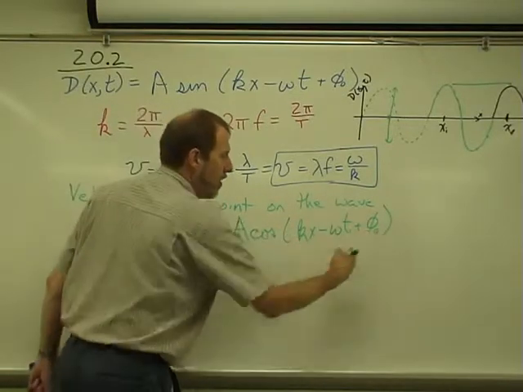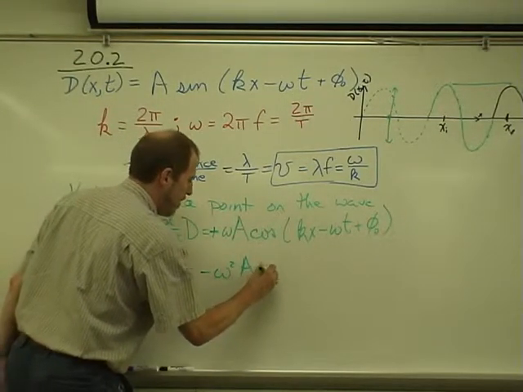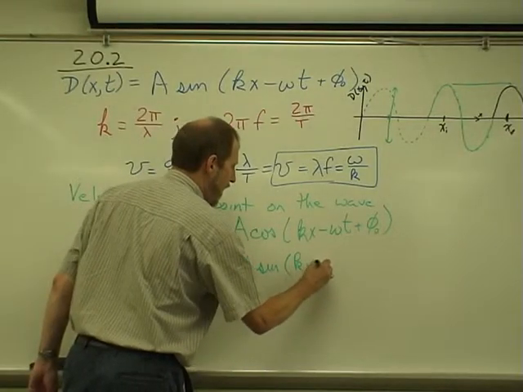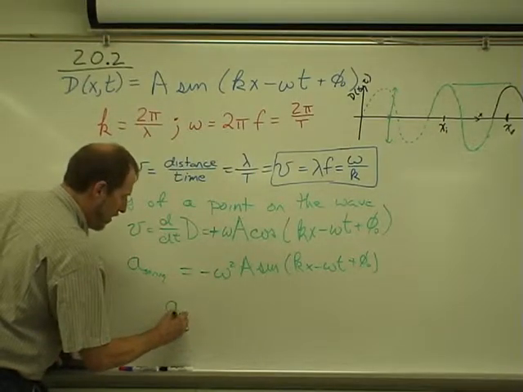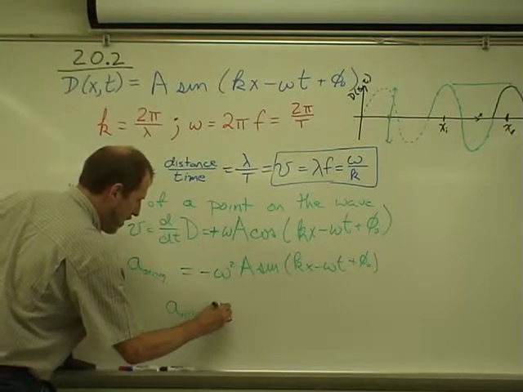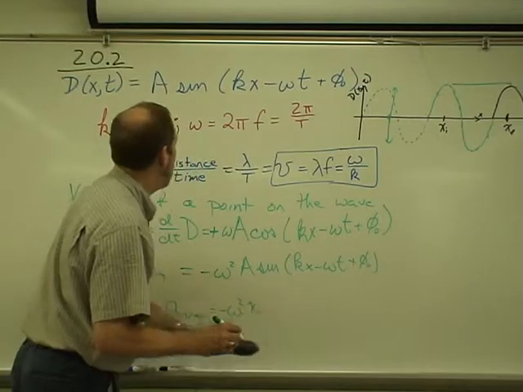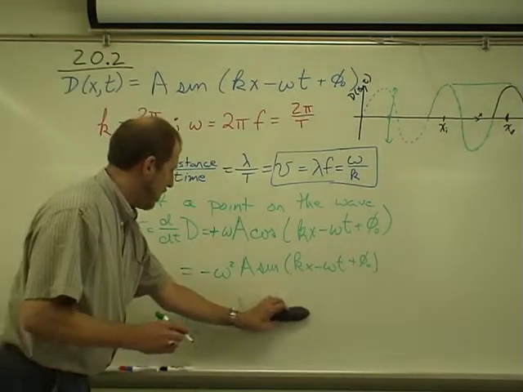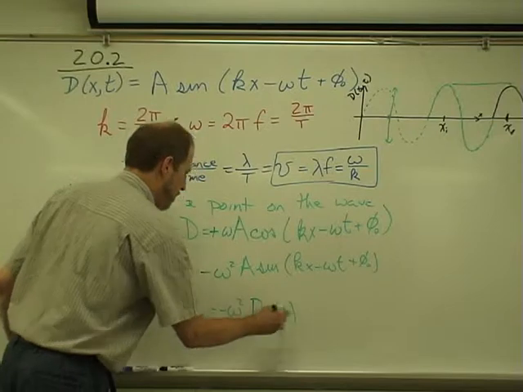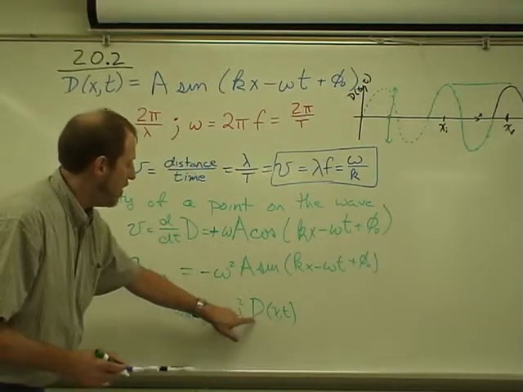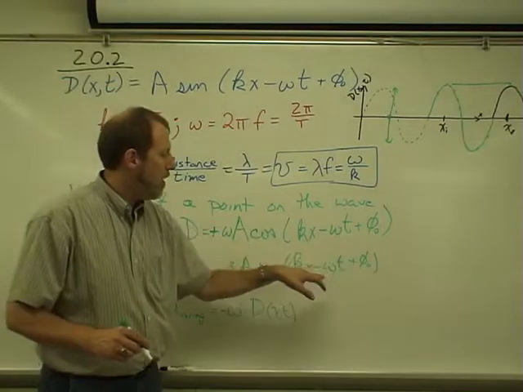Then the derivative of the interior, which again just gives me another negative omega, so negative omega squared A times the sine of kx minus omega t plus phi naught, or the acceleration of a point on the string is equal to negative omega squared times the original function describing the displacement. You know, A sine kx minus omega t plus phi naught.